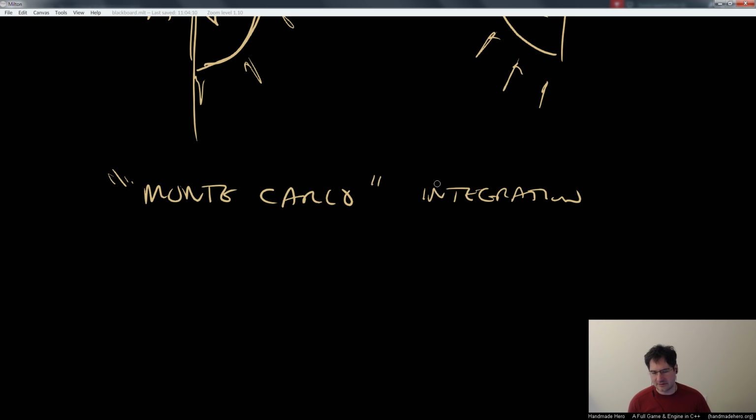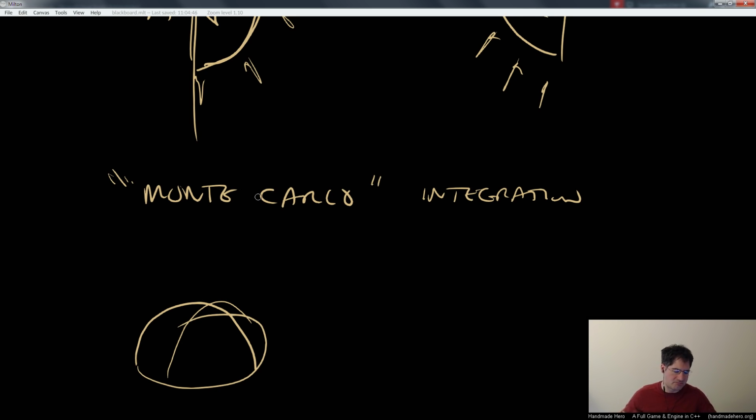What randomized integration schemes are is they're saying, well, okay, I've got some function that I know is simply impossible for me to actually compute, right? So for example, in this case, we're talking about integration. We have an integral over a hemisphere. And we know that there's no closed form way to produce that integral.